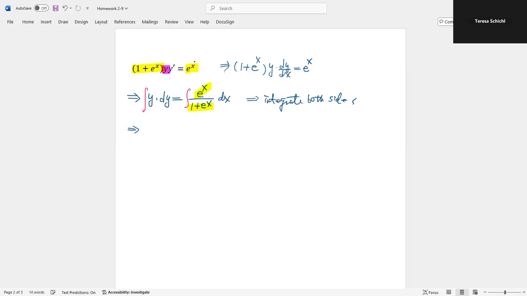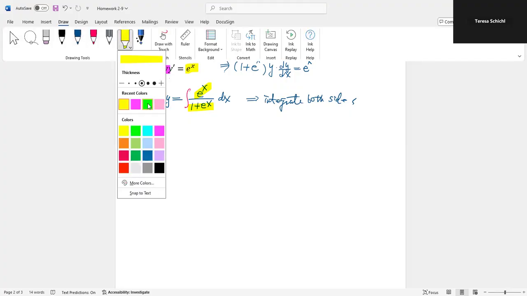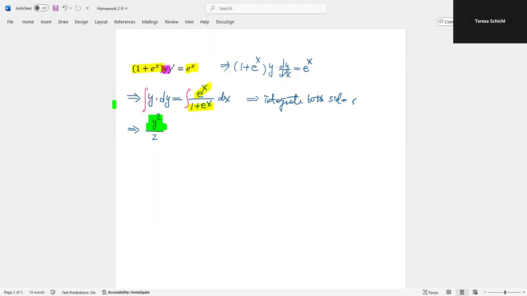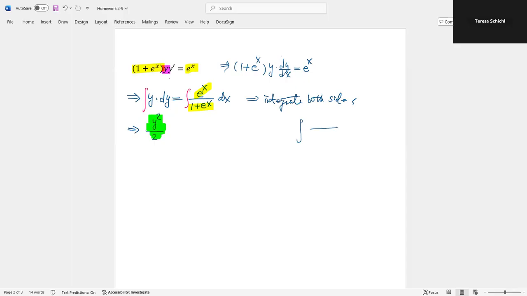The left-hand side, this one is easy. It's just y squared over 2, right? Use the power rule. So now let me highlight this one here, so later we will remember this is my left-hand side. Okay, so for my right-hand side here, this is the integration of e^x over 1 + e^x dx.